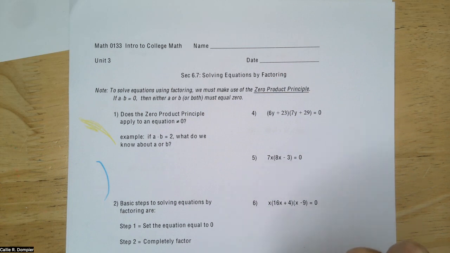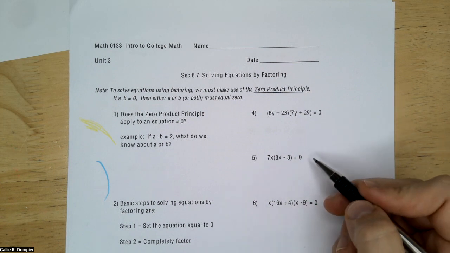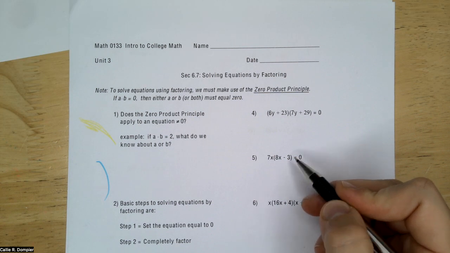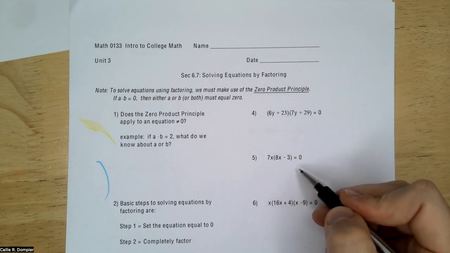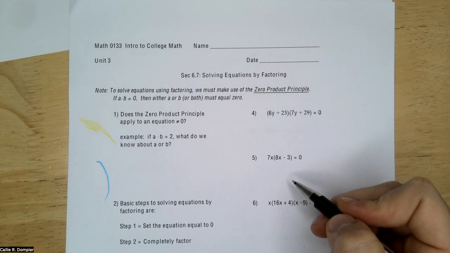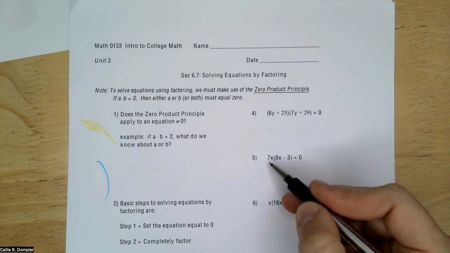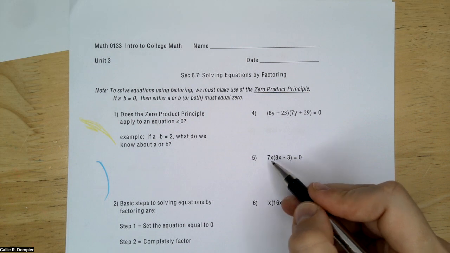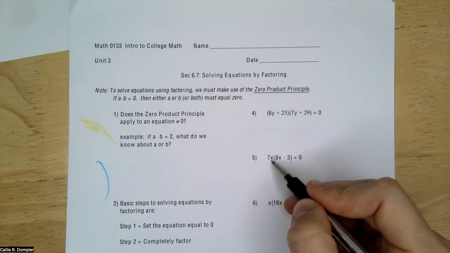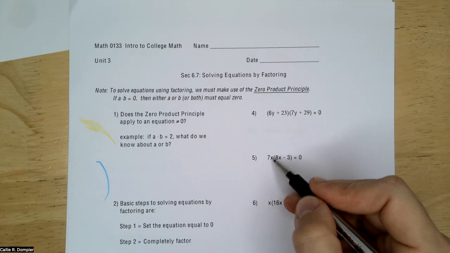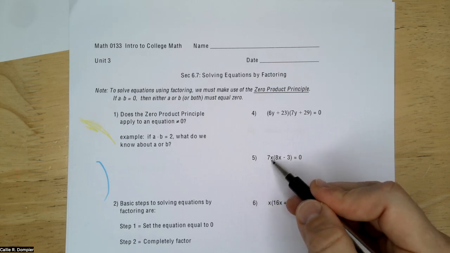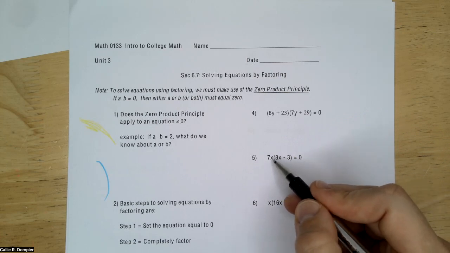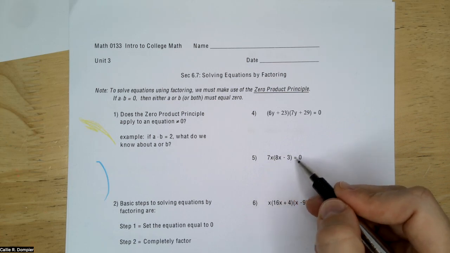So the zero product principle just says that if we have an equation set equal to 0, the two parts of the equation, one of them is already 0. And so if we separate each part and set it equal to 0, we can find out what x is. And that x that we find will make the whole equation true because 7x equals 0.